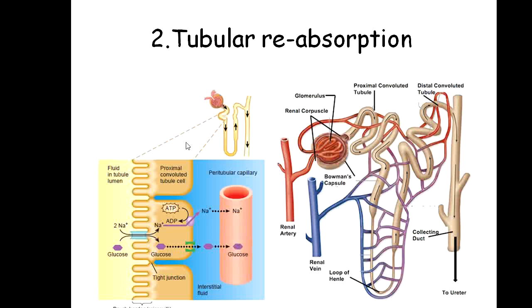And this reabsorption takes place in the proximal convoluted tubule. It also takes place in the descending loop of Henle, in the ascending loop of Henle, in the ascending tubule, and in the distal convoluted tubule also. So this is called tubular reabsorption.